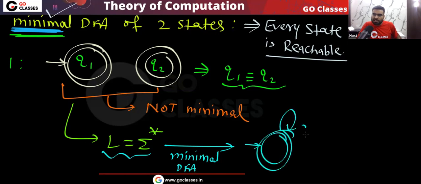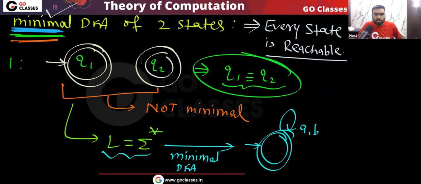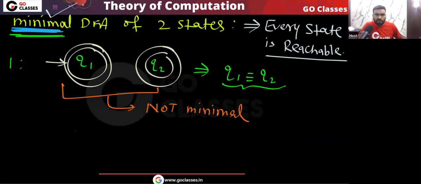So the answer is no. Every state is reachable, and if both states are final, they are equivalent, so you can merge these two. So this is not minimal.